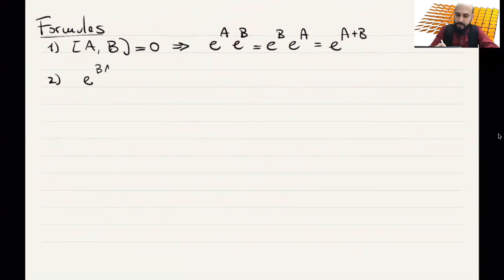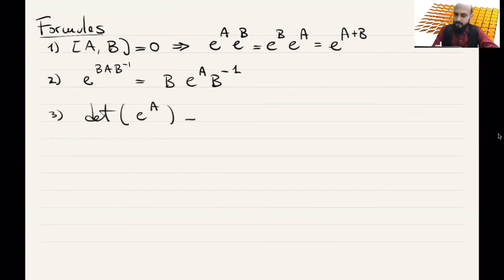So (e^b)^(-1), this is equal to e^(-b). Third, the determinant of e to the a is equal to e to the trace of a.